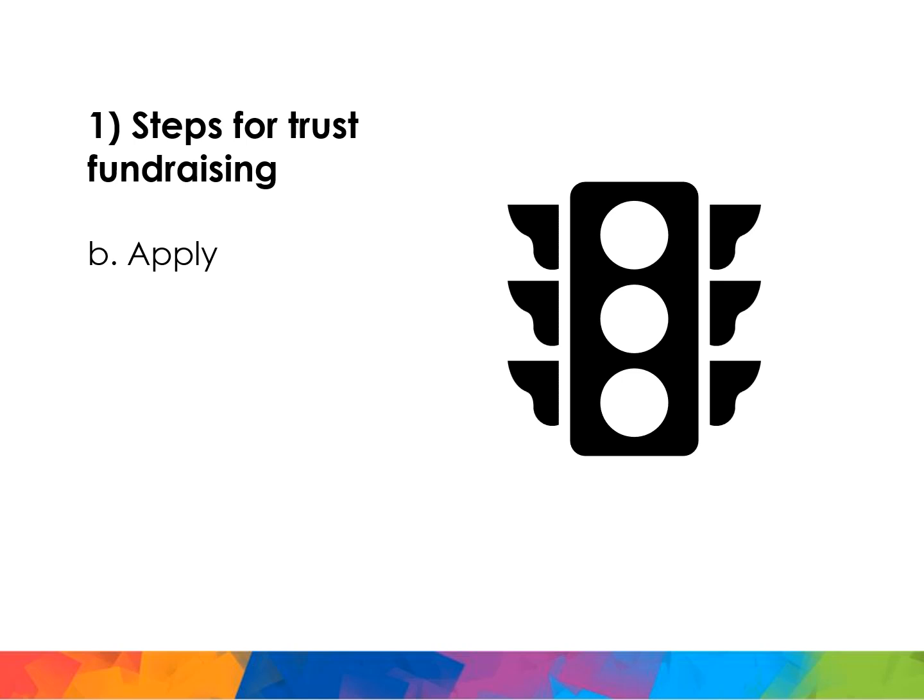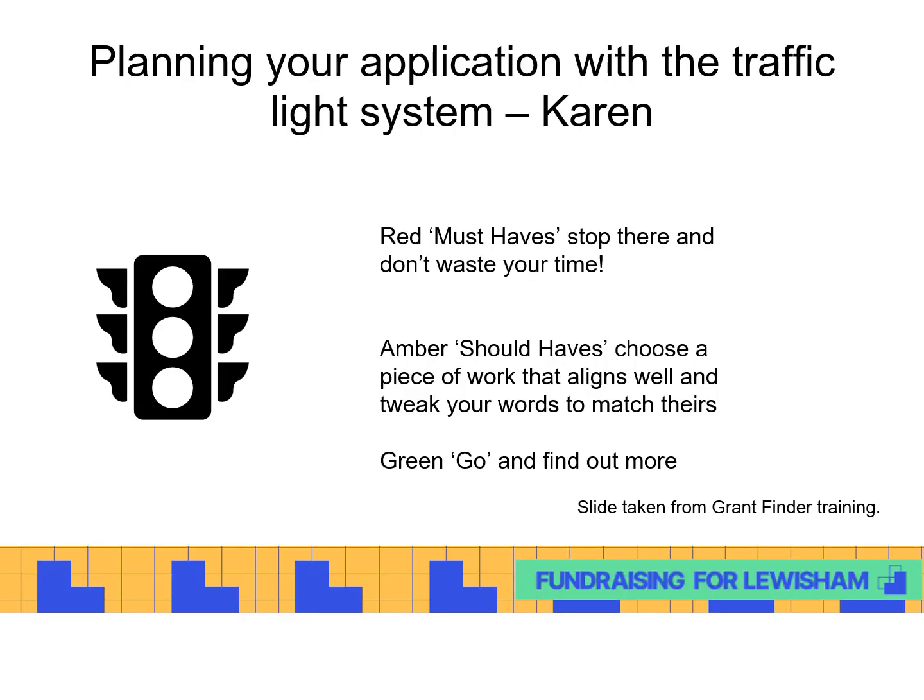Then you traffic light it. So you have red. Yes, a red is a must-have. And some of this will have come out in your deep checking, but if it's a must-have, if they say you must be working on the Isle of Wight and you're working in Lewisham, you need to stop there. You must stop, because that's one of their must-haves and you're not fulfilling it.